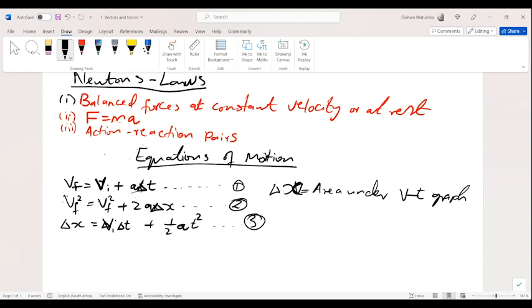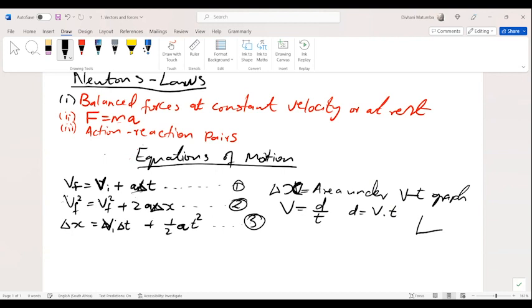When you integrate, you're actually trying to find an integral, the area under the graph. But that's not what we're going to do. And velocity is given by distance over time. So distance is given by velocity times time.